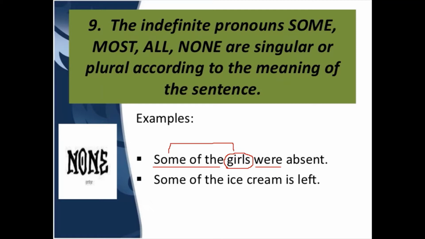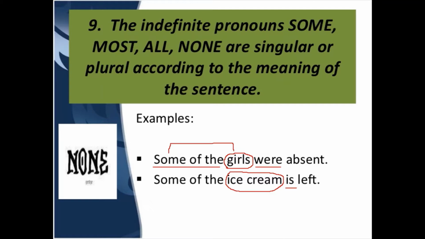In the next example, the verb used in the sentence is. Why is? Because the verb is preceded by a noun. It is preceded by the noun ice cream. Ice cream is a singular noun. That's why the verb used in the sentence is.